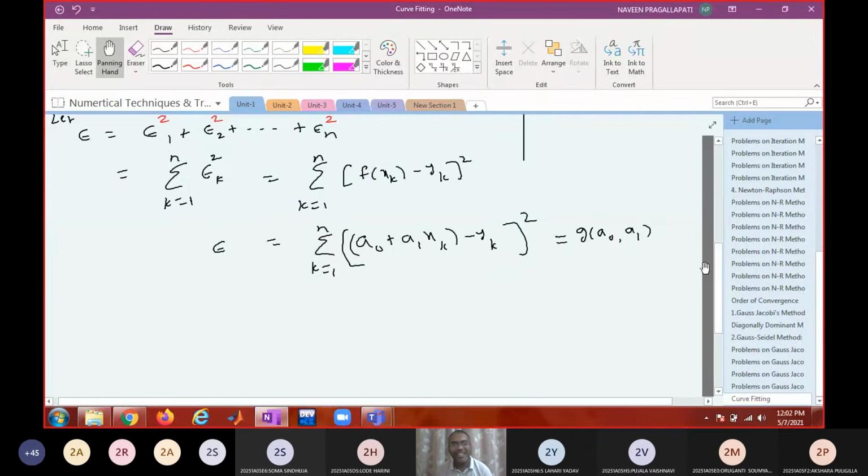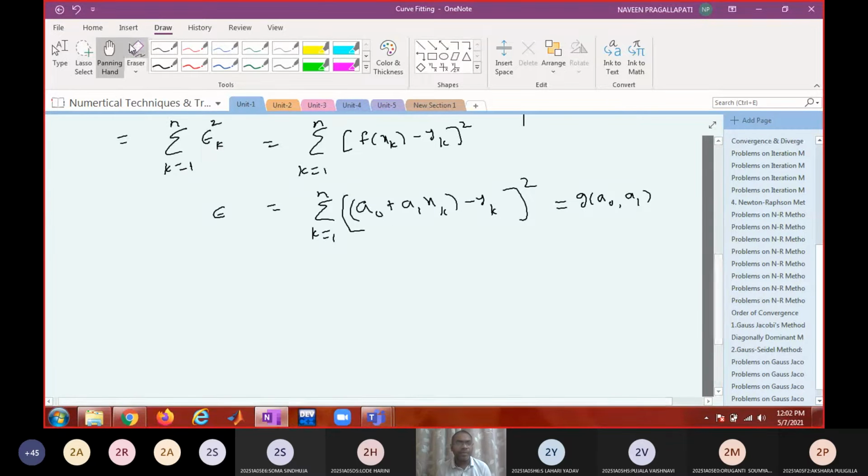By solving the partial differential equations dou f by dou x equal to 0 and dou f by dou y equal to 0. For a function of a single variable, f dash of x equal to 0. For a function of two variables, fx equal to 0, fy equal to 0. By solving those two equations, we identified the stationary points. Agreed? Do you remember it?